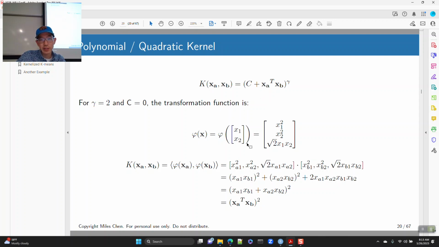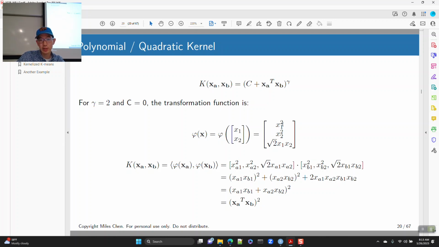Okay, so here, if I plug in c equal to 0 and gamma equal to 2, then our result should be xa transpose xb quantity squared. And we can see that's what we would get if I transform xa and xb. I'm sorry, this should be xa and xb, not x1 and x2.